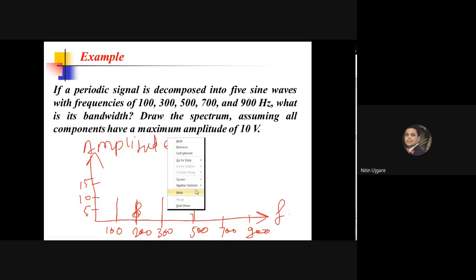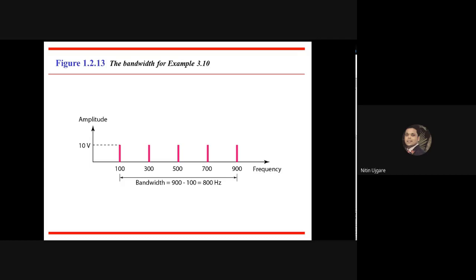Just bear with my drawing. Then we have the fourth sine wave, which has 700 hertz frequency and 10 volt amplitude, and then the last sine wave, which has 900 hertz frequency and 10 volt amplitude. So this is what I have just drawn.